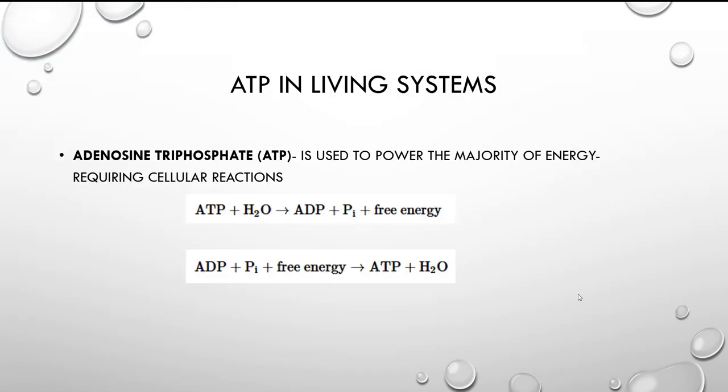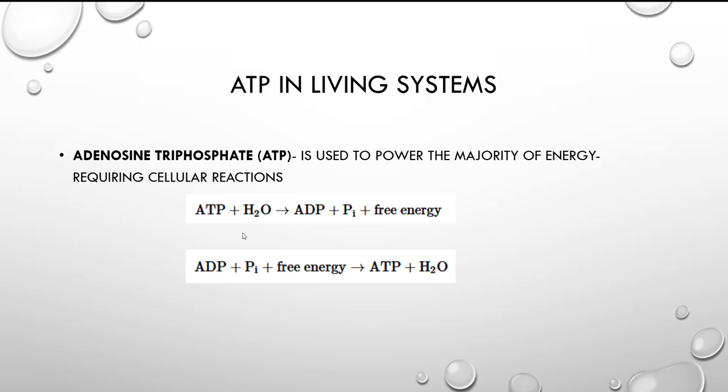So let's start out by talking about what ATP is. ATP stands for adenosine triphosphate. That is used to power the majority of energy requiring cellular reactions. If we take a look at this reaction right here, ATP plus water, right away, what type of reaction is it?